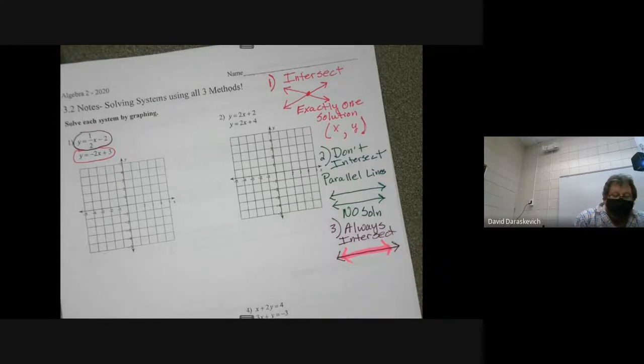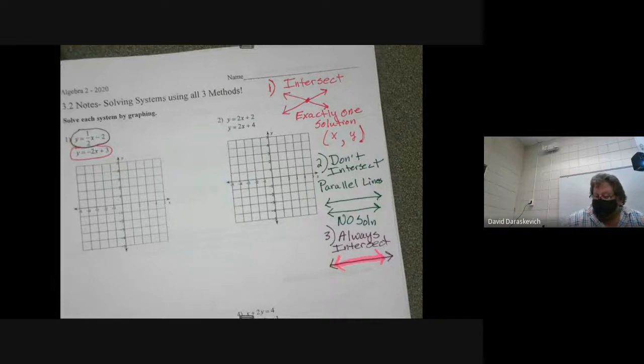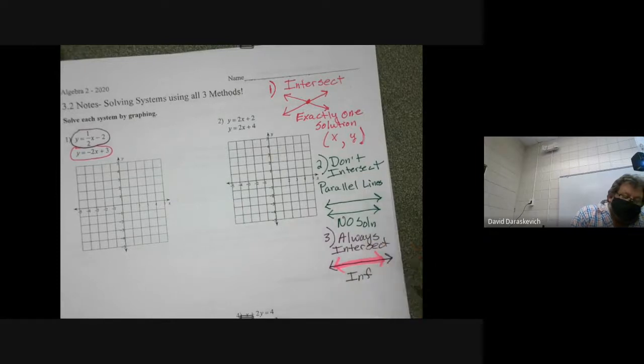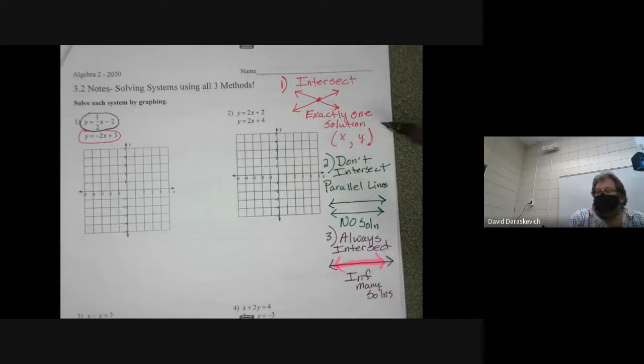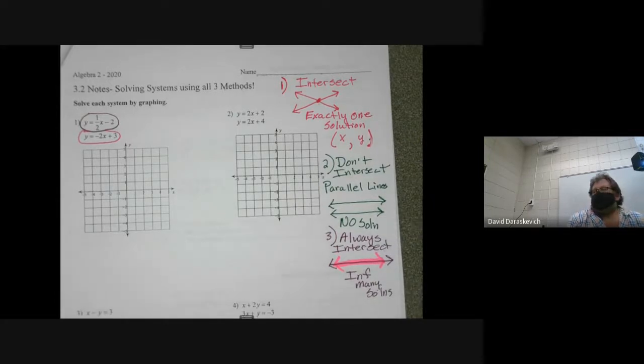So now I have every single point that intersects. So I have infinitely many solutions. And you can abbreviate like that. I don't mind that. So you're going to have to give me the answer either as an ordered pair, or you're going to have to write no solution or infinitely many solutions.